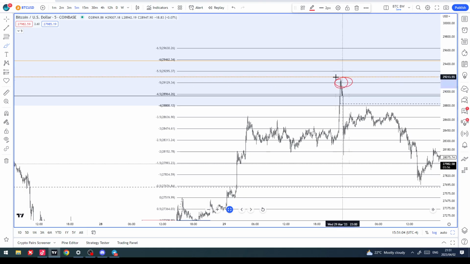Right here, 5 standard deviations away. Your initial impulse is 1.5. Your second objective is at 3.5. And between 5 and 5.5 is your final objective.